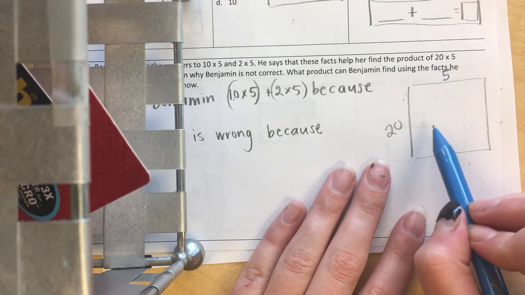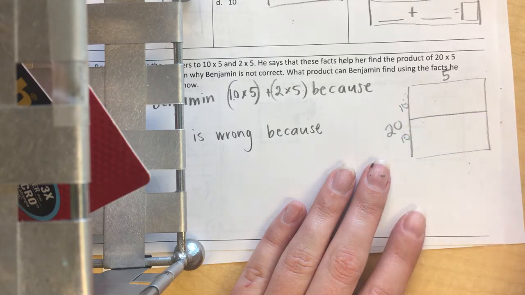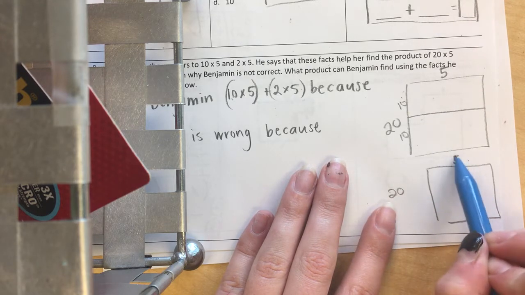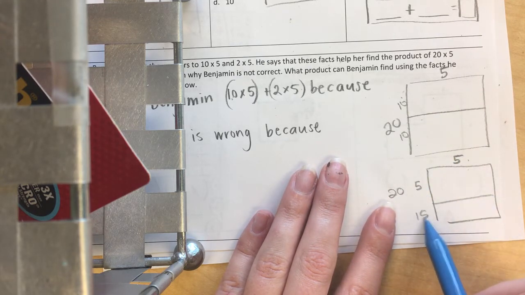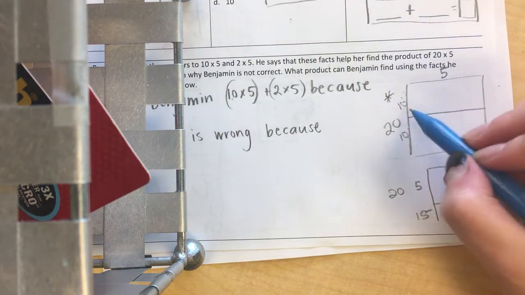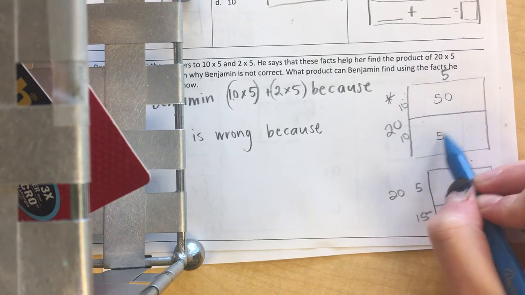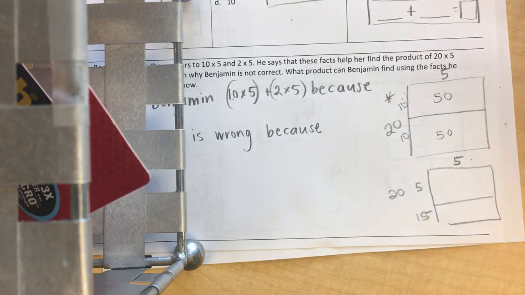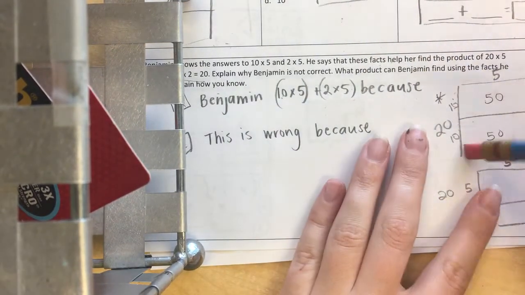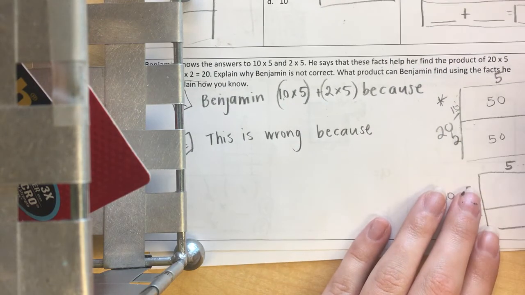So we might break it down using 10 and 10, or we could do 5 and 15. But 10 and 10 is probably the best picture to use to help yourself because you know very quickly 10 times 5 is 50, 10 times 5 is 50, and we're just going to add those two up. So again, this is wrong because if we did 10 and 2, that gives us 12, not 20.